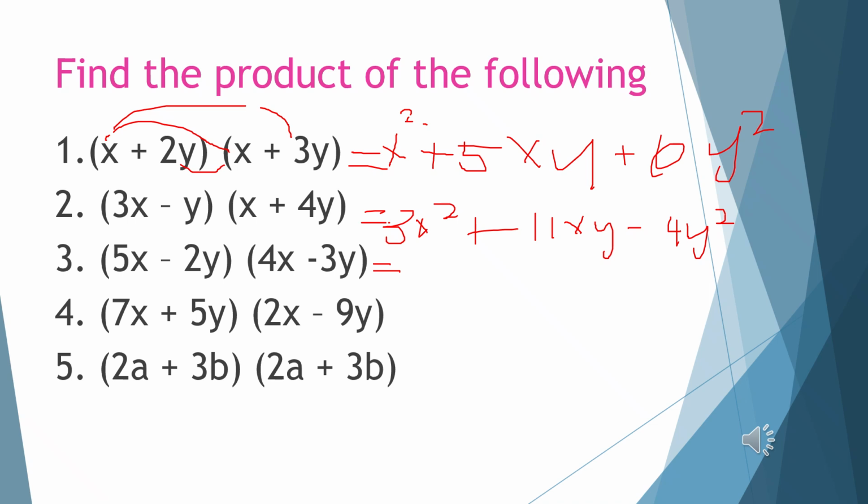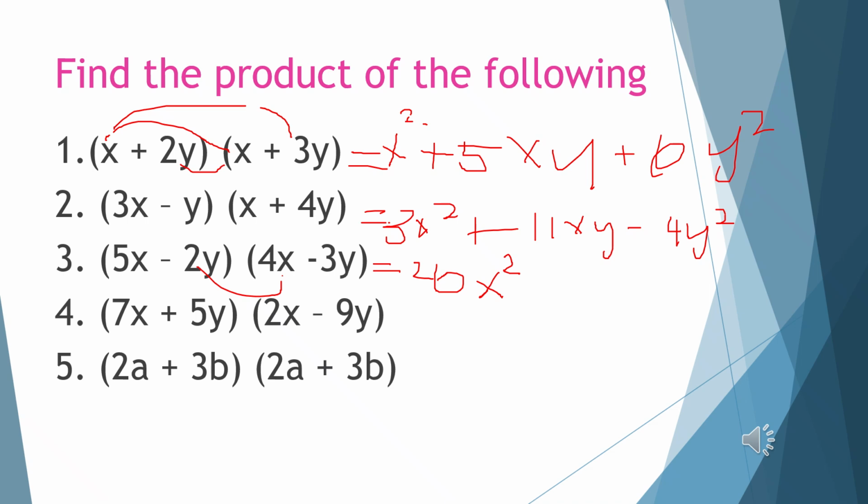right? Like this, 5x times 4x, that's 20x squared. Okay? Just put it in your mind. Then, 5x times negative 3y, that's negative 15xy. Then the inner, 2y times 4x, that's 8xy. So 15 plus 8, that's 23.